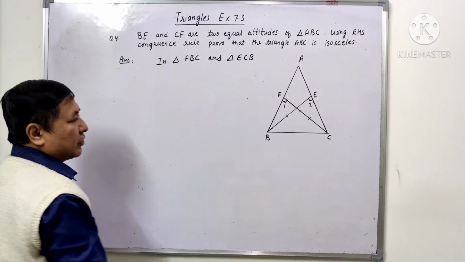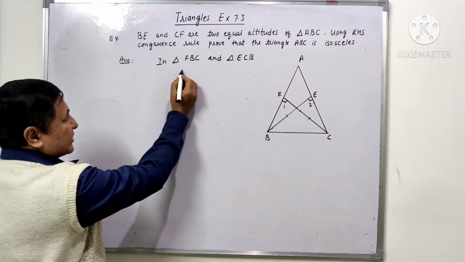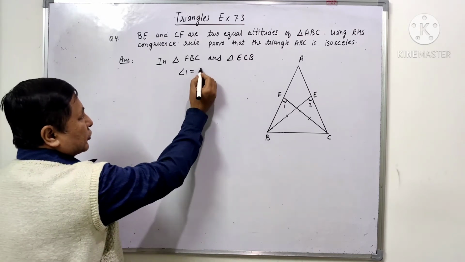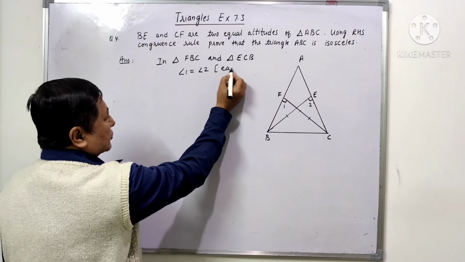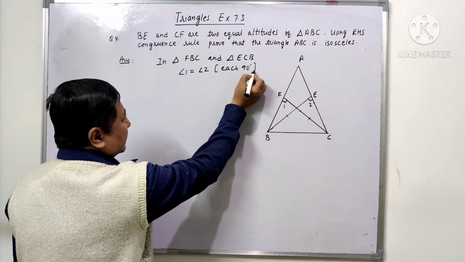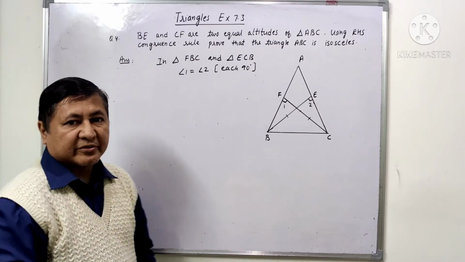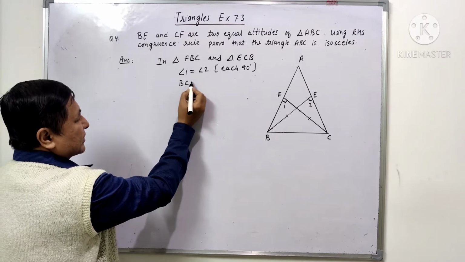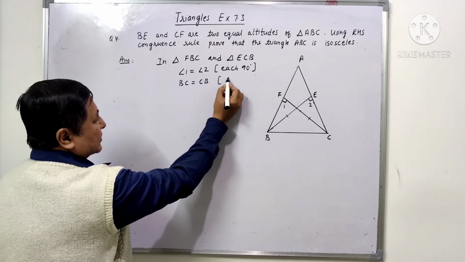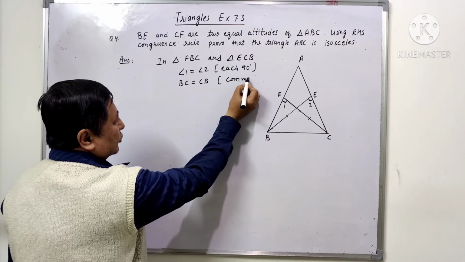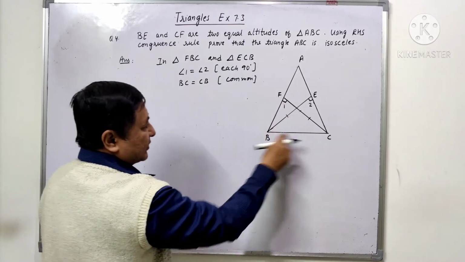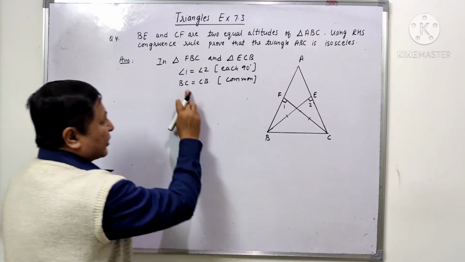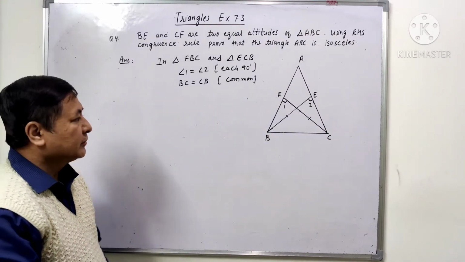Now first, in the triangle FBC, angle 1, and in the triangle ECB, angle 2, both are equal to 90 degrees, since it is given in the question that BE and CF are altitudes. Now BC is equal to CB. This is common in both triangles. In the triangle FBC, BC is there. In the triangle ECB, CB is there. So BC equals CB, it is common.